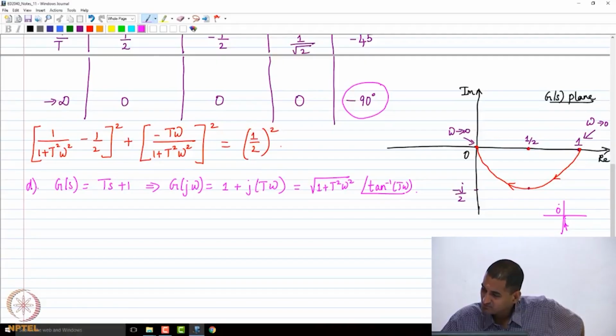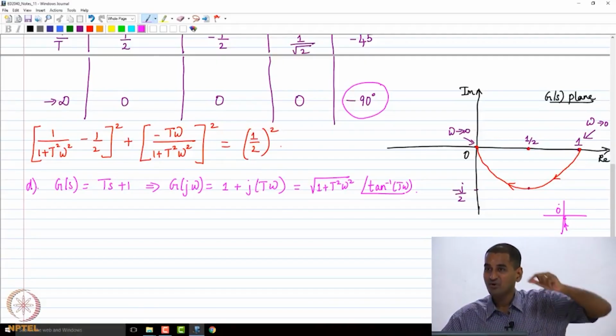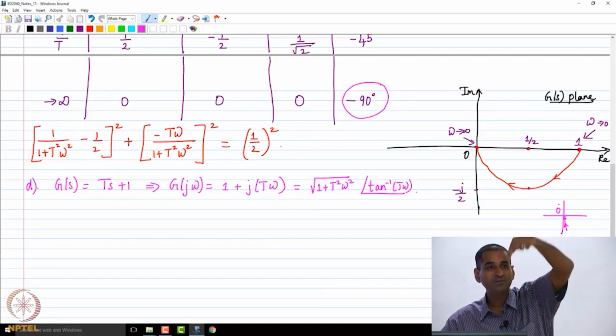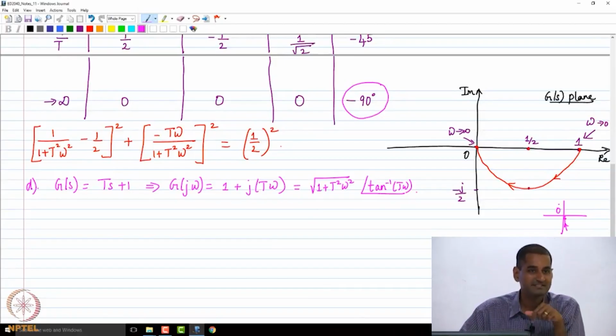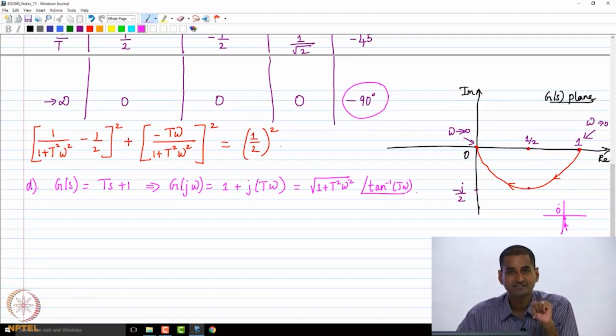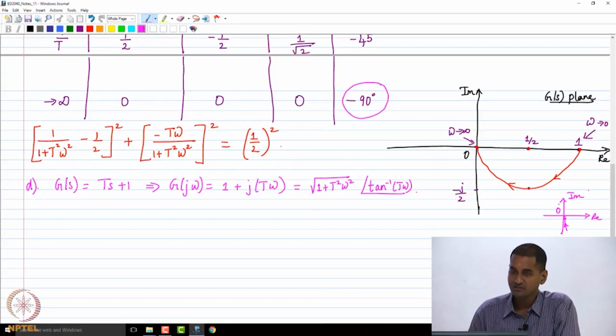If you zoom in further and further, if you draw a vector from the origin to that curve, that's going to be at an angle of minus 90. That's why I put minus 90 there. Is it clear? That is the reason for the phase becoming minus 90 as omega tends to infinity for the factor 1 by ts plus 1.